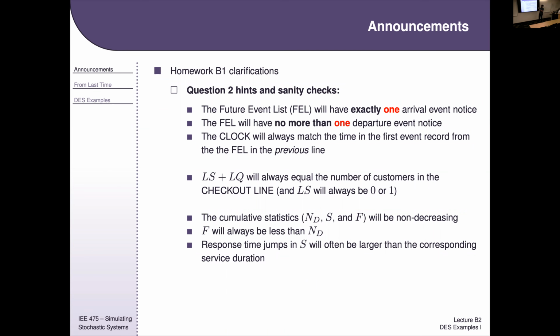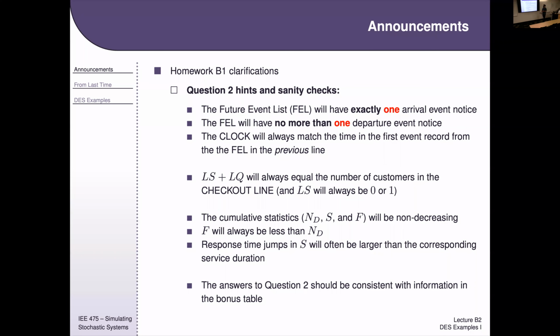They'll never decrease, though they might stay the same. F will always be less than ND, as I mentioned before. And response time jumps in S will always be larger than or equal to the corresponding service duration, because the response time for each customer is their service duration plus the amount of time they've waited before service starts.